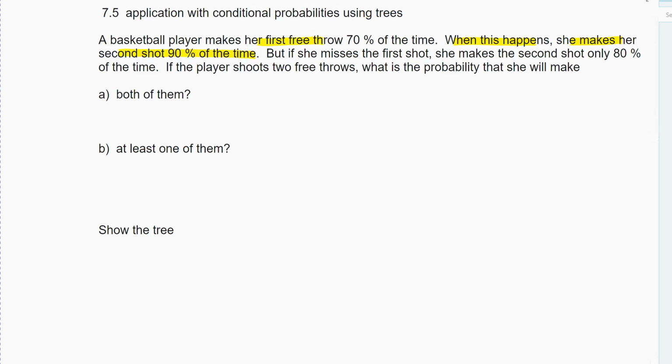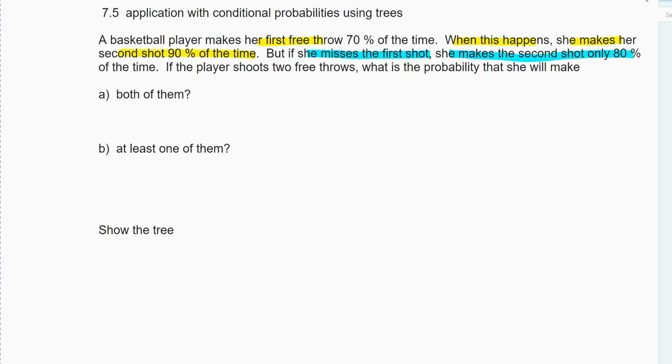That's a conditional probability. But given she missed the first one, which happens 30% of the time, her second shot odds go down by 10%. She only makes them 80% of the time. Those are conditional probabilities. The second free throw is based on what she did on the first free throw, so it's conditional, and I have to set up a tree.